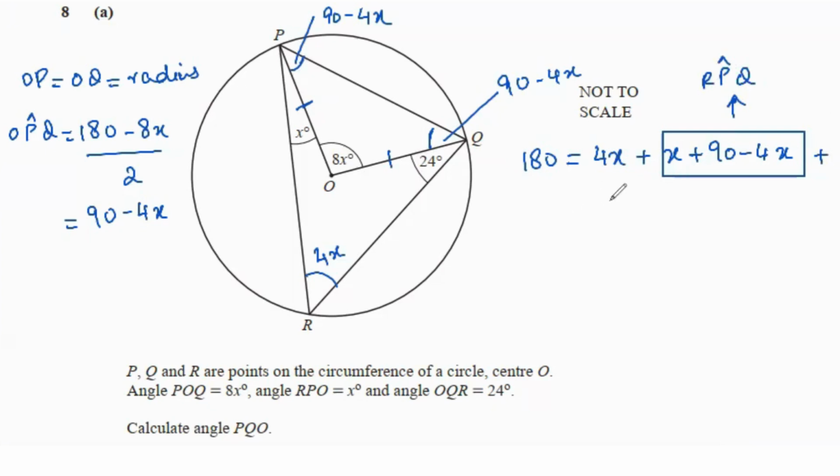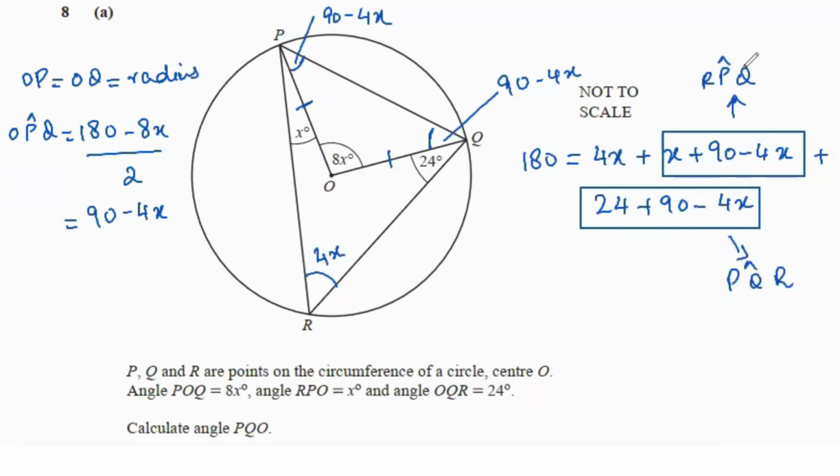Then plus 24 plus 90 minus 4x. This over here is your angle PQR. So this is angle Q, that's angle P. And angle R is 4x.